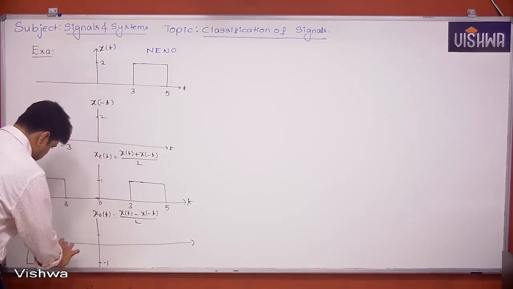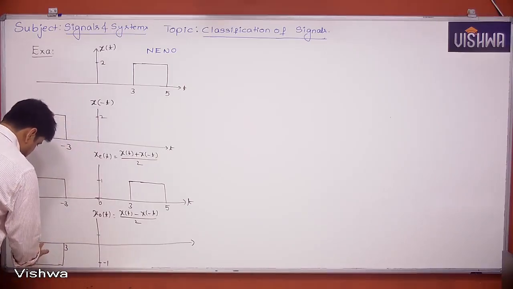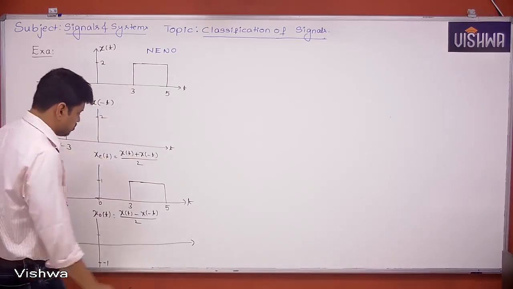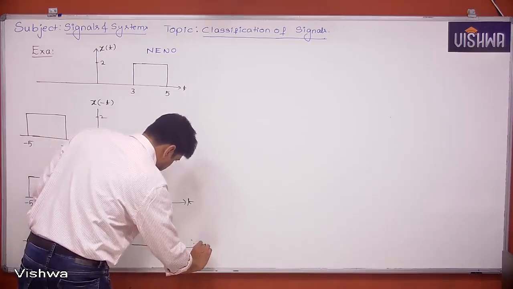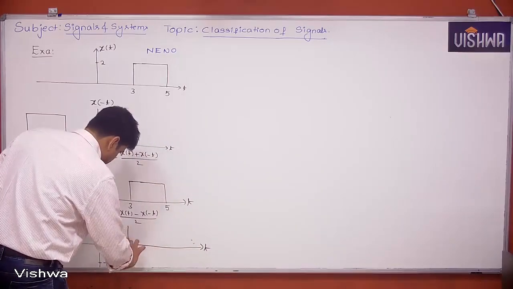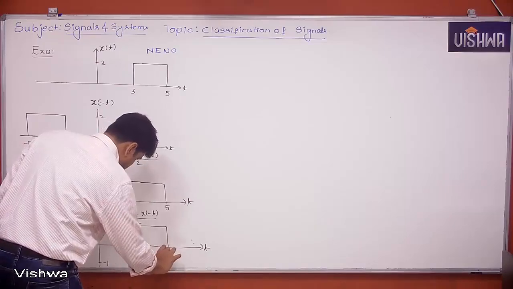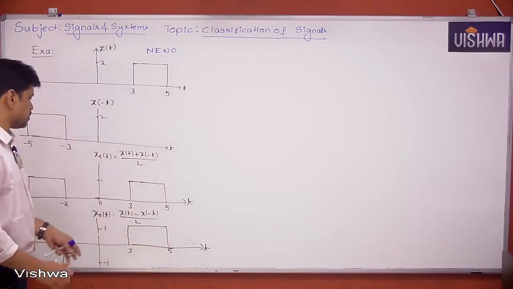Minus 1, 3, minus 3, minus 5. Next, 2 minus 0, 2 by 2, that is 1. So this is the odd part.